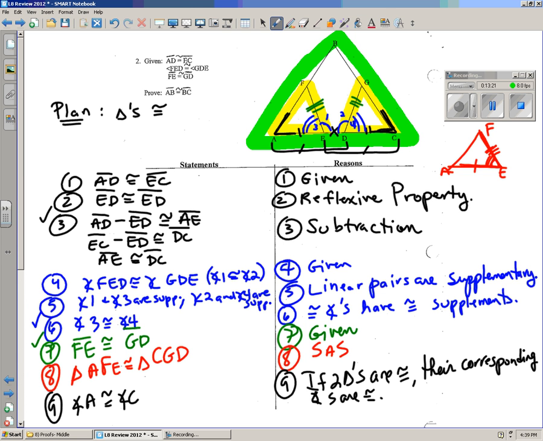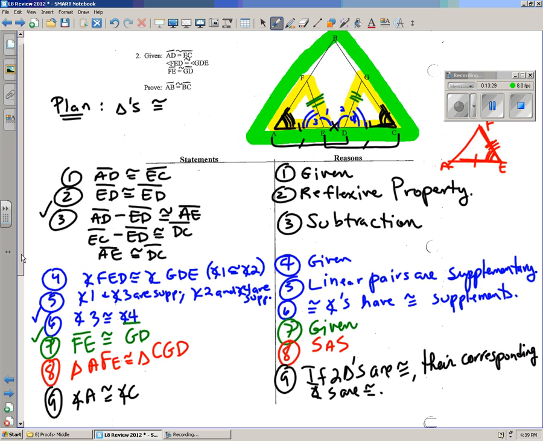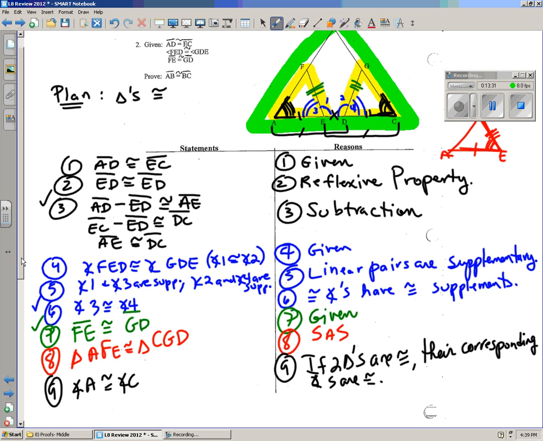Now, if that's true, which we just explained because we proved the triangles congruent, that makes the big green triangle isosceles. So in step 10 here, we have a way to explain why triangle ABC is isosceles.